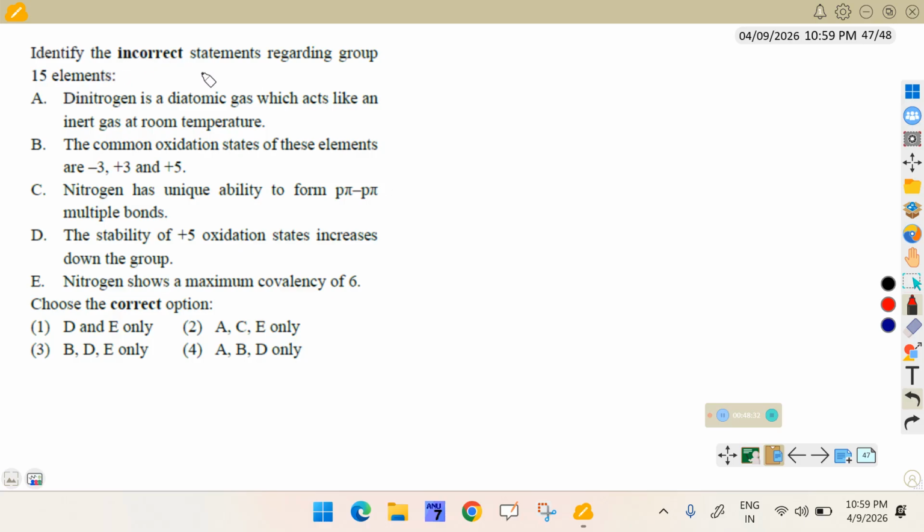Identify the incorrect statement regarding group 15 elements. Dinitrogen is a diatomic gas which acts like an inert gas at room temperature. This is a correct statement. Why? Between nitrogen a triple bond is present, bond energy is high. That's the reason it is chemically inert.